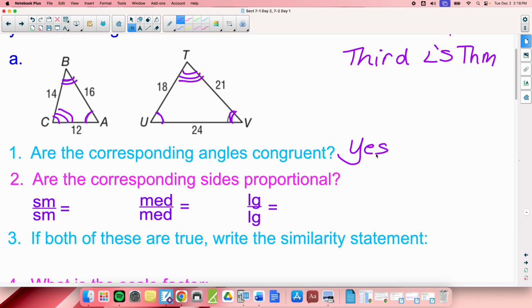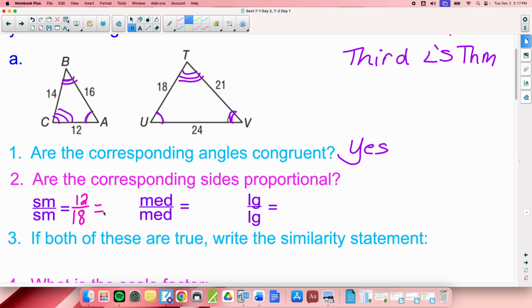Now we know that, so we're gonna try these ratios, and this is how I show it. I have you guys take one of the triangles, doesn't matter which one, and look for what is your smallest side here, and it's 12. And then you look at the other triangle, and you look at what is the smallest side here, and it's 18. And what we're gonna do is reduce that.